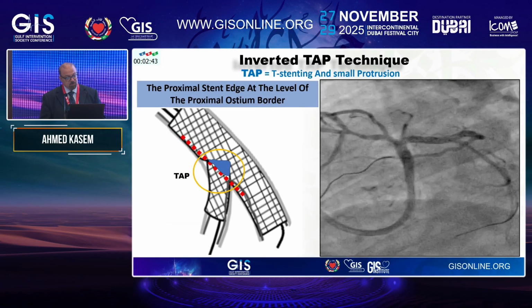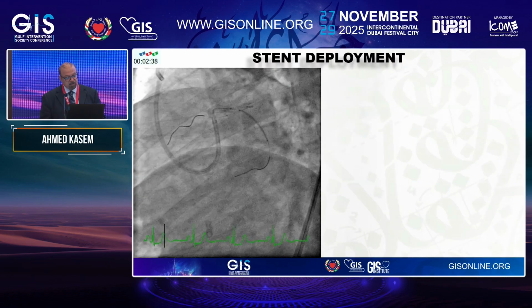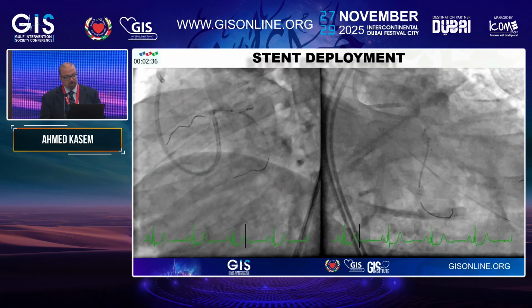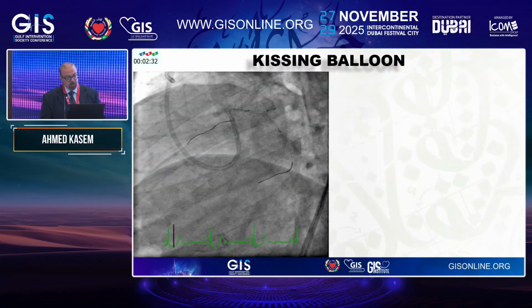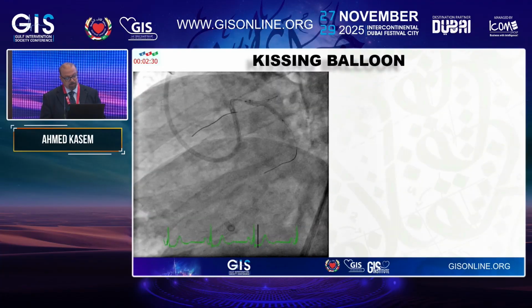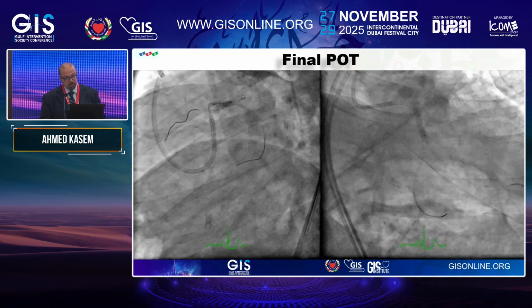Of course, the proximal stent edge is at the level of the proximal ostium border, and then stent deployment. Then I pulled back the stent balloon and made kissing balloon for the bifurcation lesion, and then final proximal optimization.